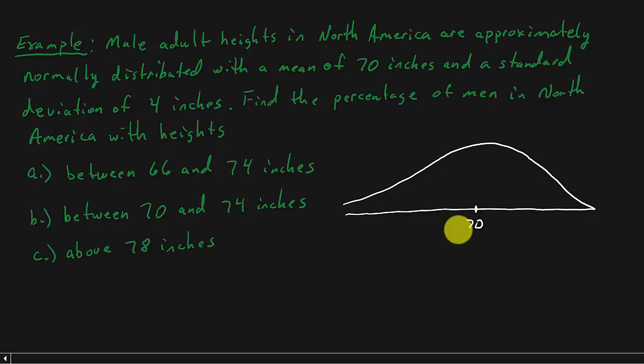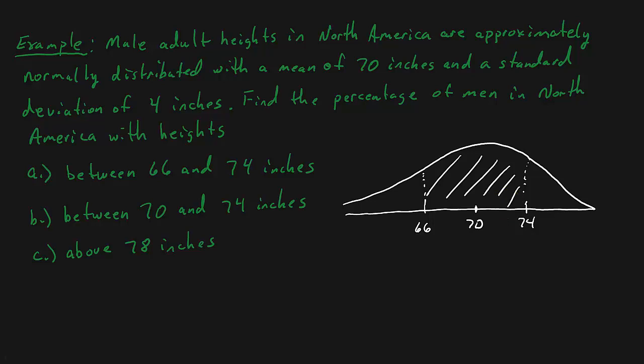All right, and we want to know between 66 and 74. So what we're looking for is that area right there. That's what we want to know. Okay, see, because that's what they asked for. Find the percentage of men in North America with heights between these two. And it's this percentage right here.